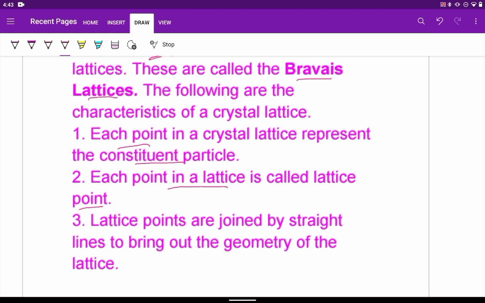In a lattice there will be many constituent particles, each put at a particular point, which are called lattice points. These lattice points are joined by straight lines, so that we get the geometry of the lattice.